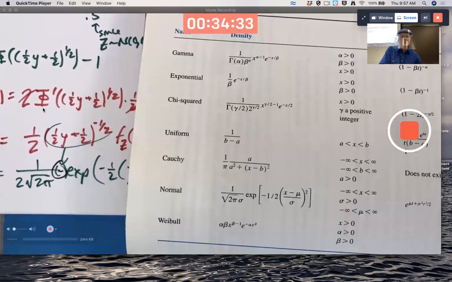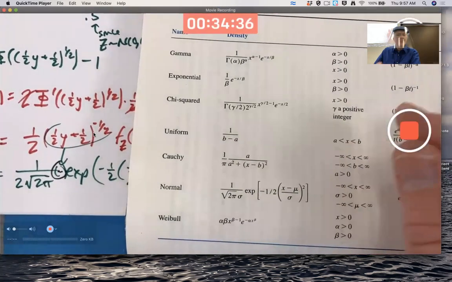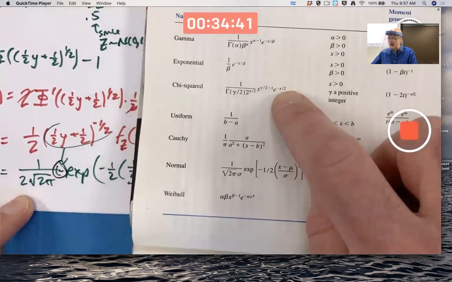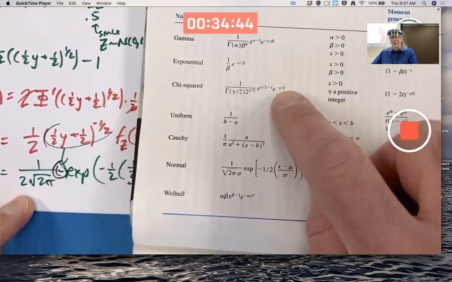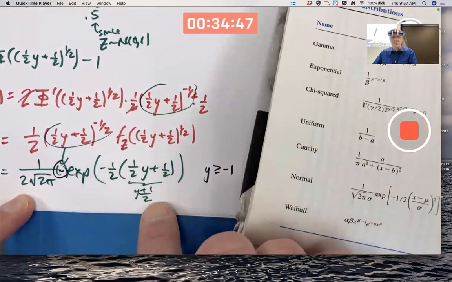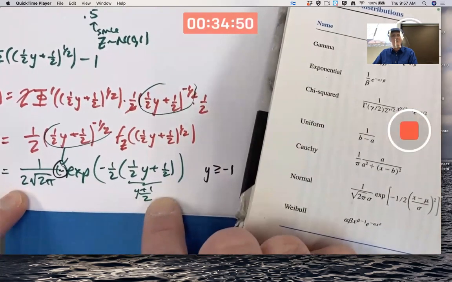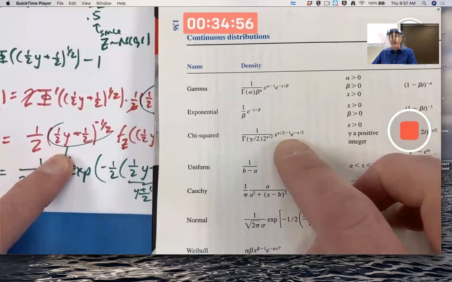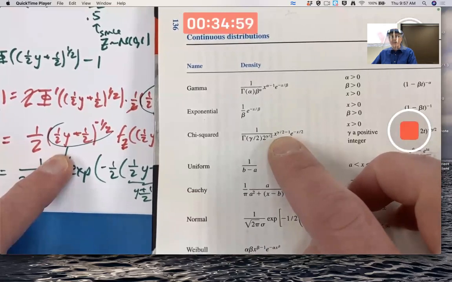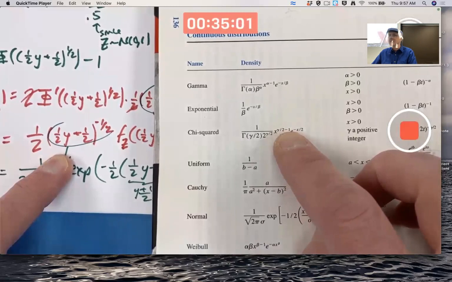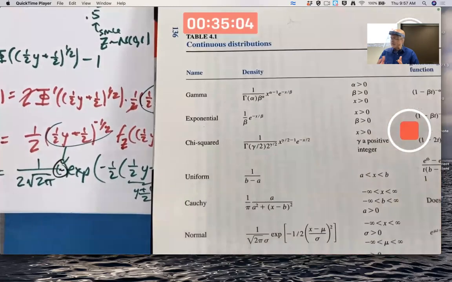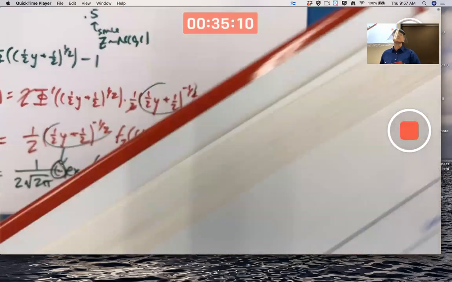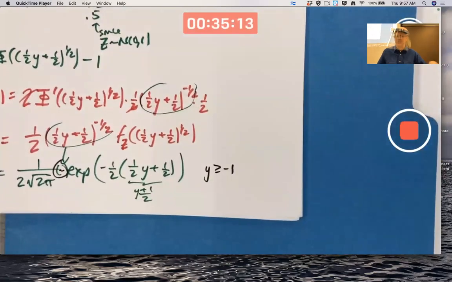So the extra 2 here might be related to the fact that in here, we replace x not with y or y plus 1, but y plus 1 over 2. Maybe that's where the extra 2 down there comes from as well. And yeah, this part here, the x gets replaced by 1/2 y plus 1/2, and little gamma is 1. 1/2 minus 1 is -1/2. So it's kind of like a transformed chi-square with 1 degree of freedom. Not exactly chi-square, but a transformed chi-square.